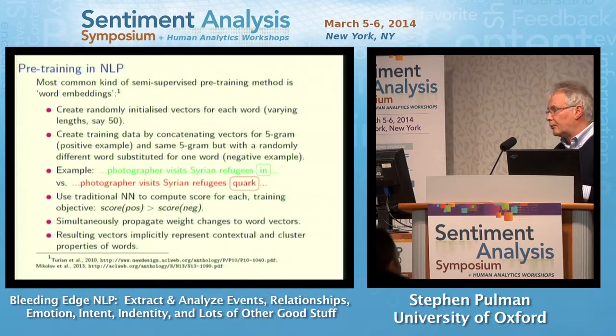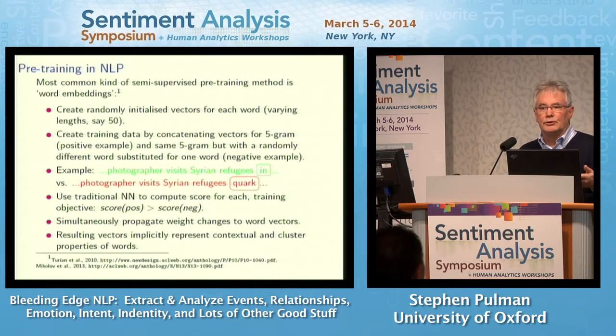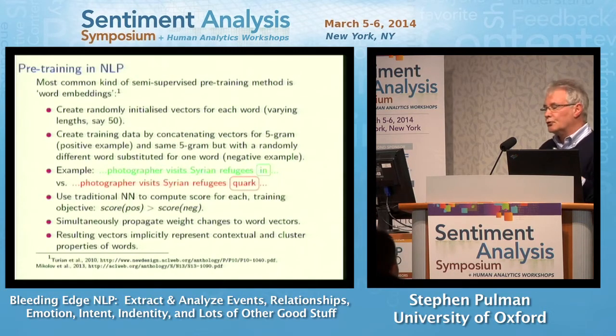So my made-up example here, actually the first thing is from a BBC: "photographer visits Syrian refugees in", and then my negative example is "photographer visits Syrian refugees quark" or bubblegum or something different. And then you make the objective function that you're trying to learn something that just simply gives the good example a better score than the bad example.